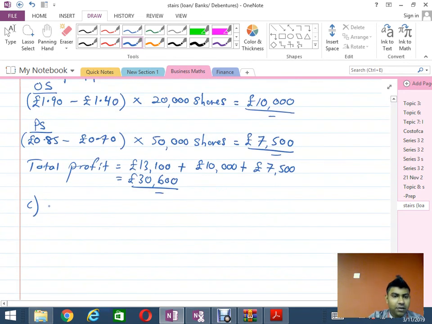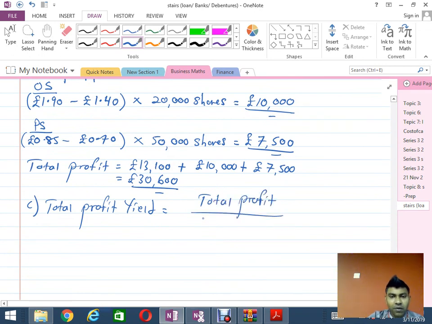So you take your total profit divided by sum invested times 100.